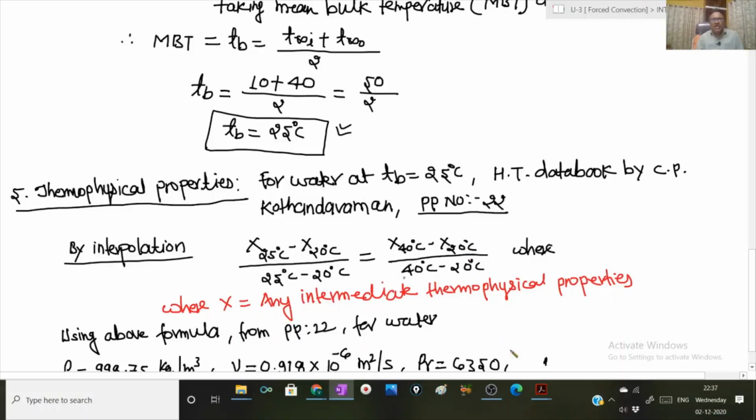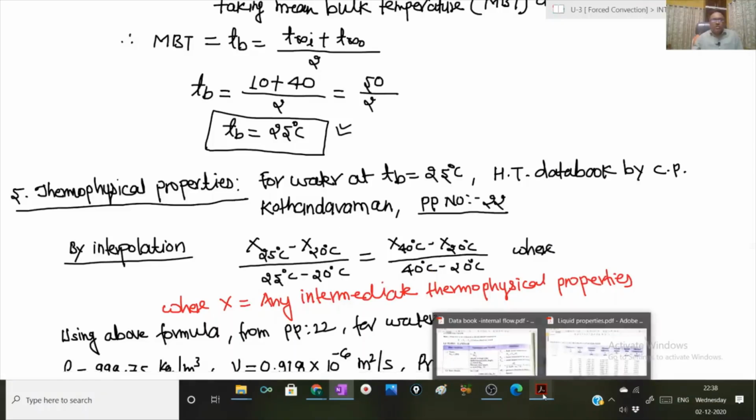Now why did I take 20 and 40 as lower and upper temperature? I can show that with the help of this property table.